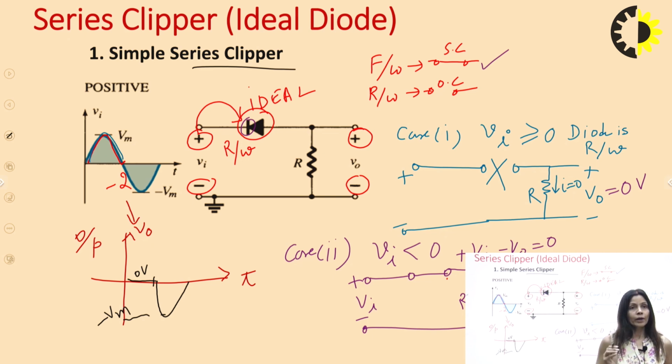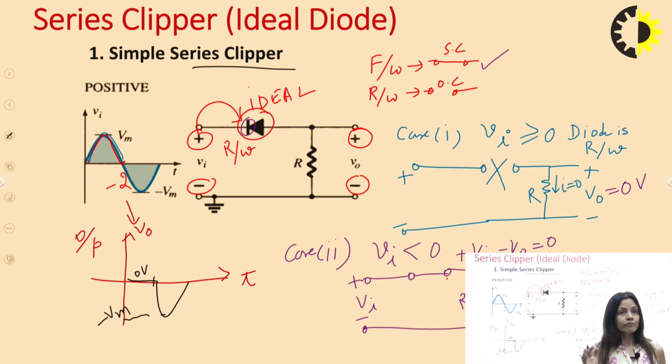One thing I would like students to learn: whenever we are taking the output across the resistance, it is known as a series clipper. Always remember, series clipper, we are taking output across the resistance.